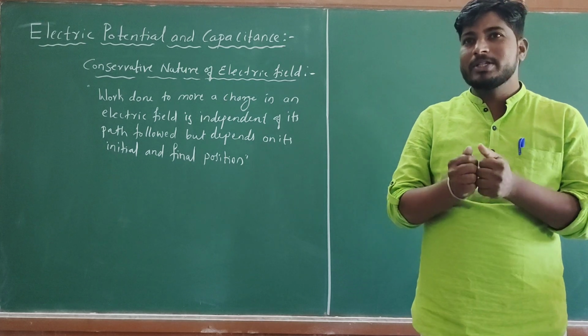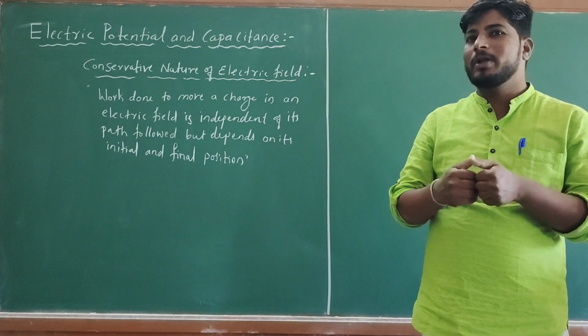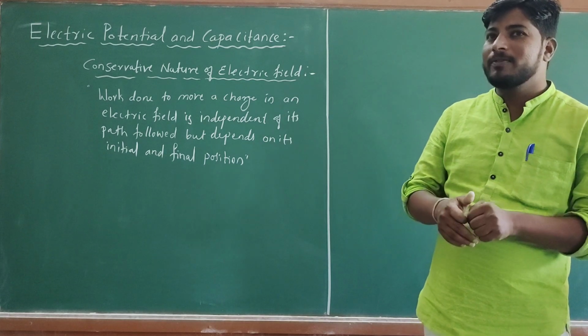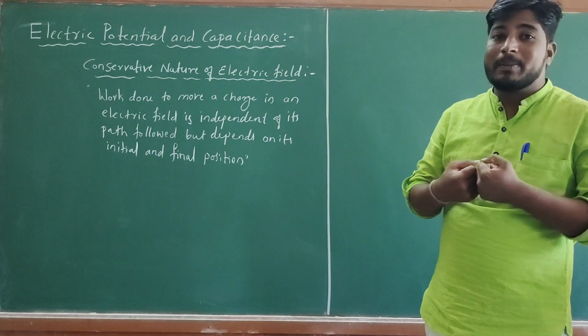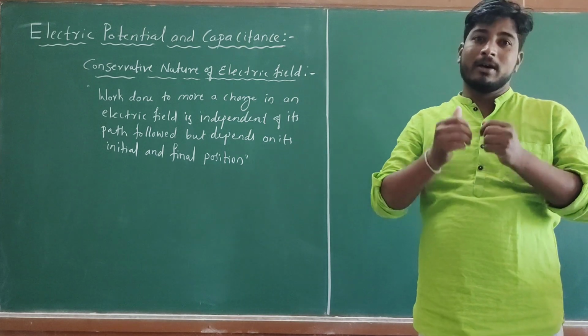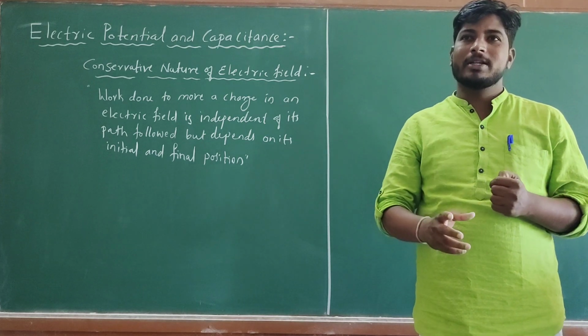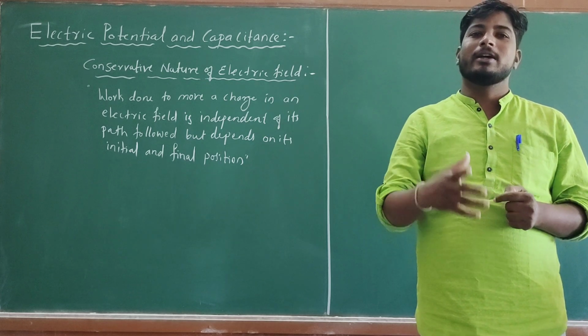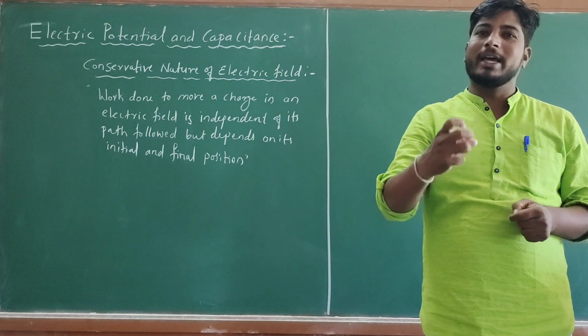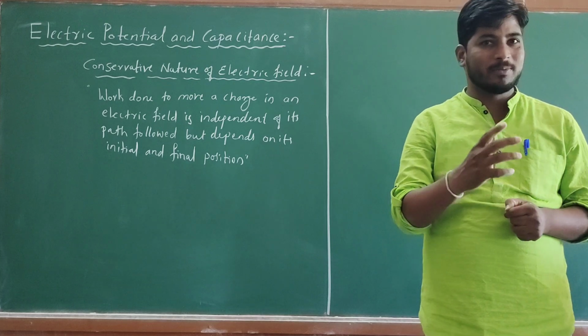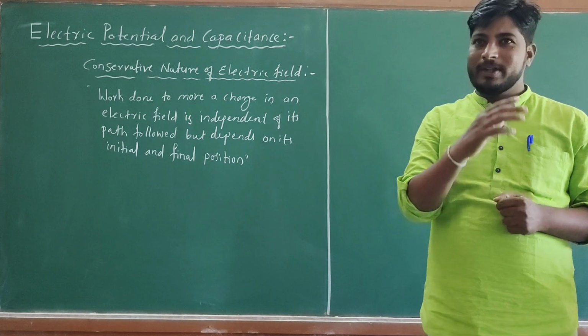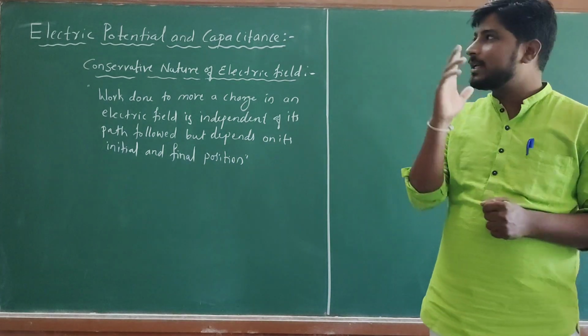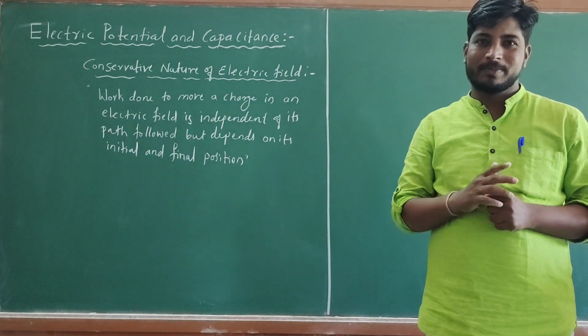Right? So when we place any body in the presence of the gravitational field, it must have some potential energy. Like that, any charge present in the electric field also has some potential energy. That is why we define the electric potential.